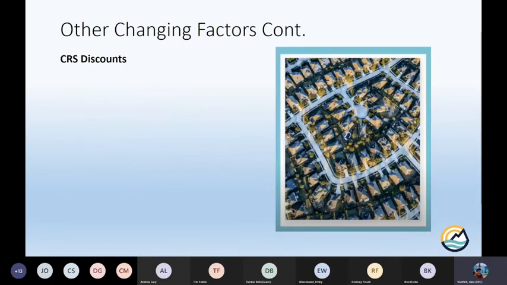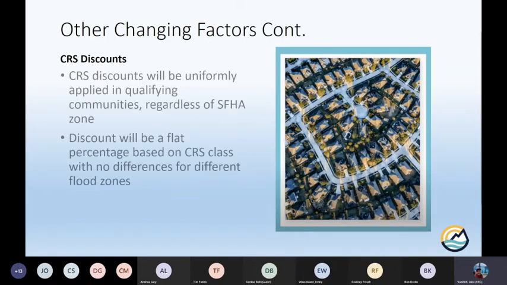Other changing factors include the CRS discount. Unlike the legacy method, CRS discounts are now going to be uniformly applied in qualifying communities, regardless of whether the structure's in the 1% chance floodplain or not. I'll give you a great example.